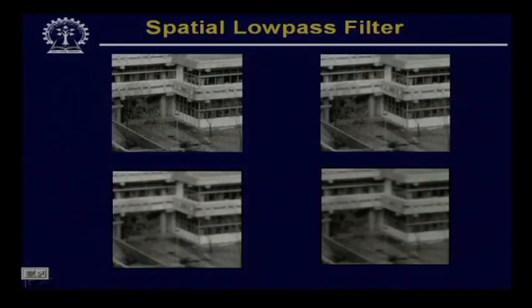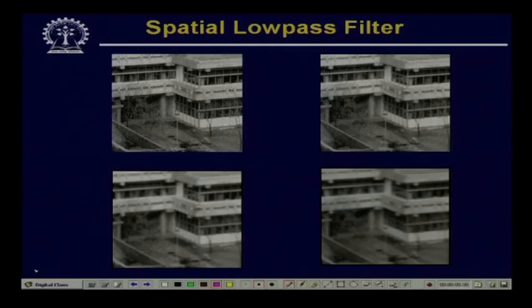So, there is a second kind of masking operation which is based on order statistics, which will reduce this kind of blurring effect. Let us consider one such filter based on order statistics. Unlike the earlier filters, these filters are non-linear filters.